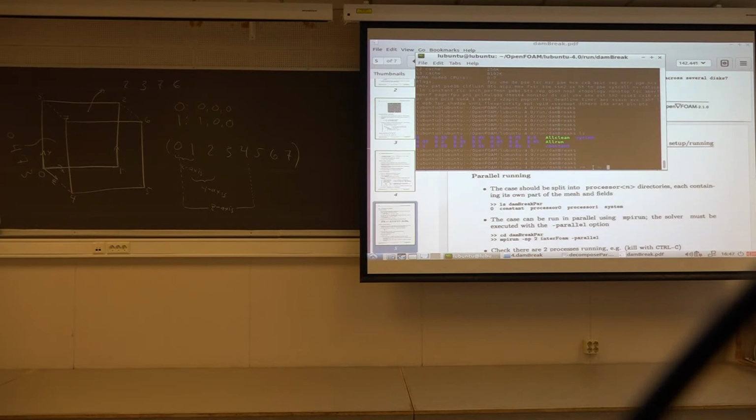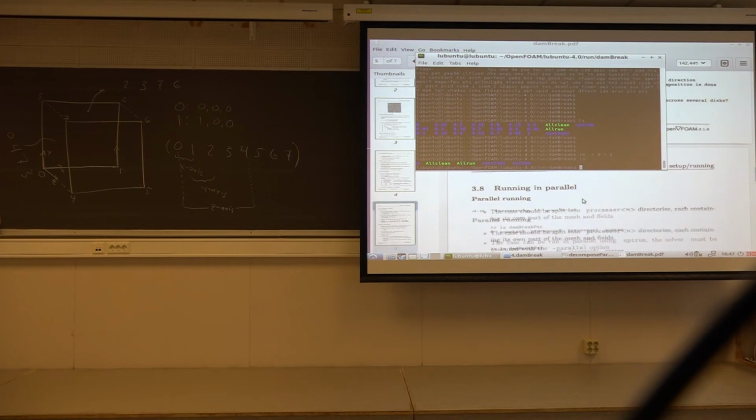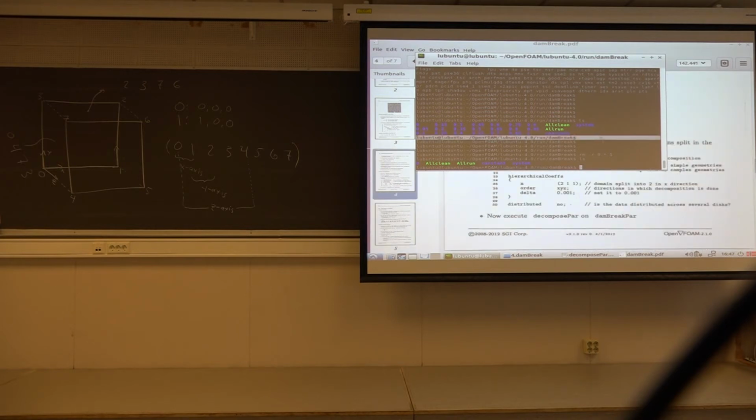That should remove all result files. Also number 1. Let's see if this works. Yes, I have now removed all the result files except the one just called 0. That's the initial one. I need that one. Then we write decomposePar.